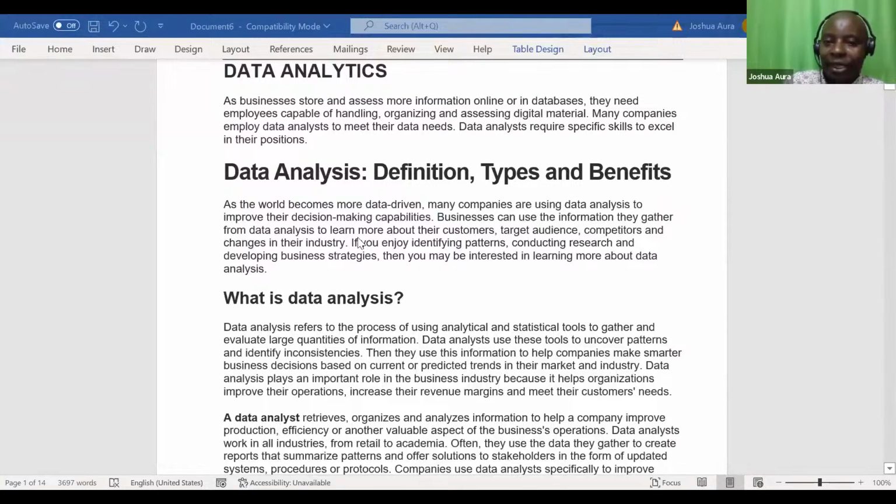So, ladies and gentlemen, the most important thing that you're supposed to appreciate about this concept of data analytics is that we will need, as data analysts, to collect data and organize this data very well. After organizing it very well, of course, we have to evaluate. There is a concept of evaluation.